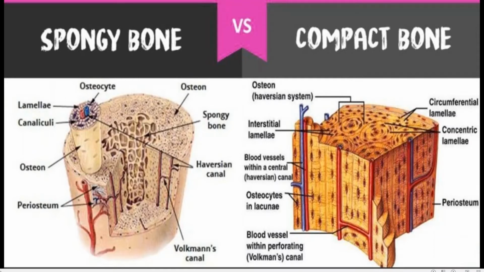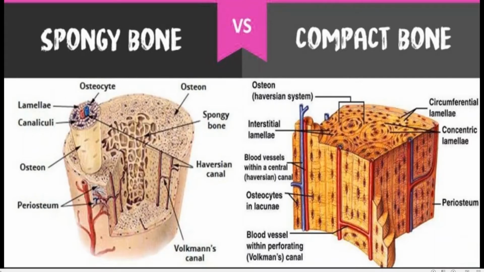So next we have the compact bone. Compact bone is denser, harder, and stronger. So they form the cortex of most bones. There are different parts of the compact bone. We have the Haversian canal system, which is the functional unit of the compact bone.